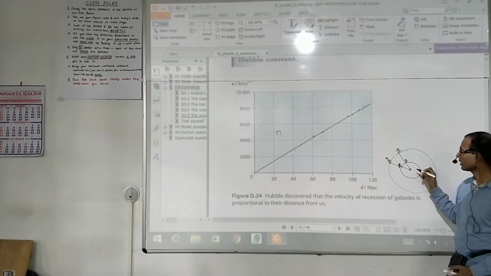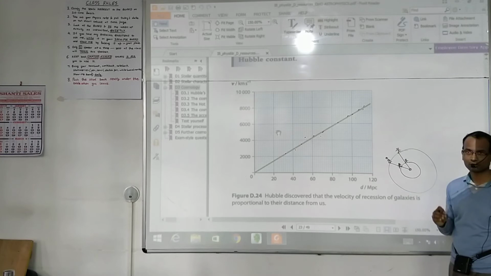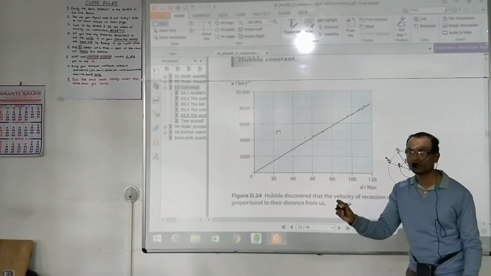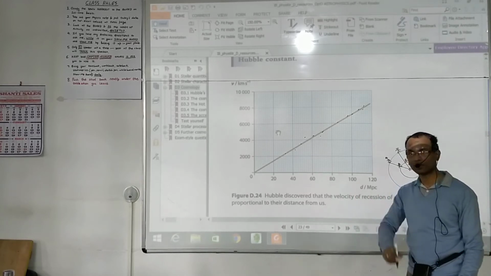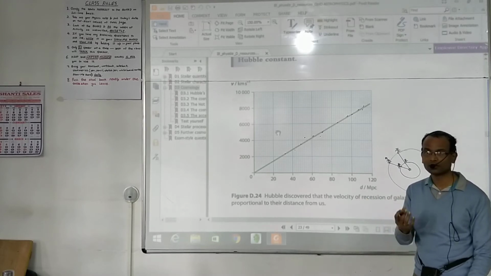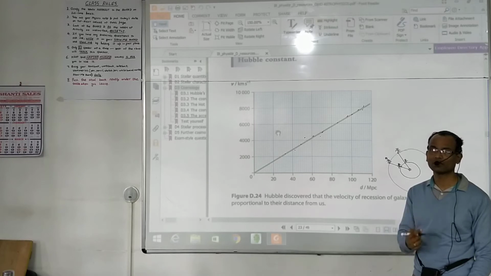The distance between any two points is increasing along the surface. Agreed? So when we say Big Bang happened, it happened at every single point at the same time. So every single point in our universe is the center of the universe. There is no one single center of the universe.